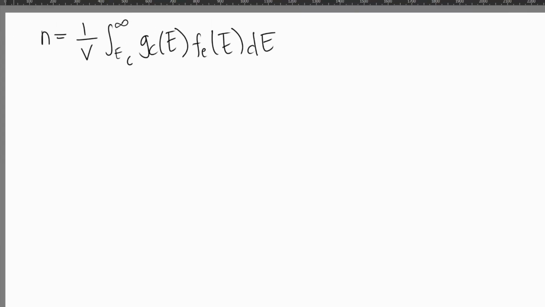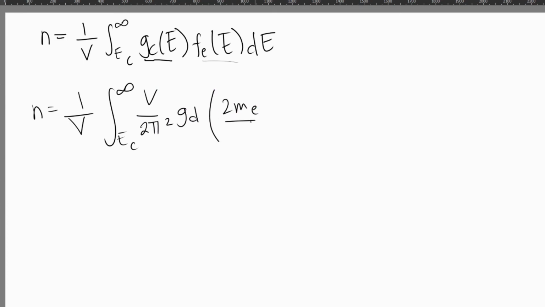So we can further expand yung ating concentration of electrons. So meron naman tayong expressions for GCE and FE. We'll have N is equal to 1 over V, integral from EC to infinity. Yung GCE natin, or the density of states for the conduction band, we found that is equal to V over 2 pi squared GD (2ME over H bar squared) to the 3 halves (E minus EC) to the 1 half.